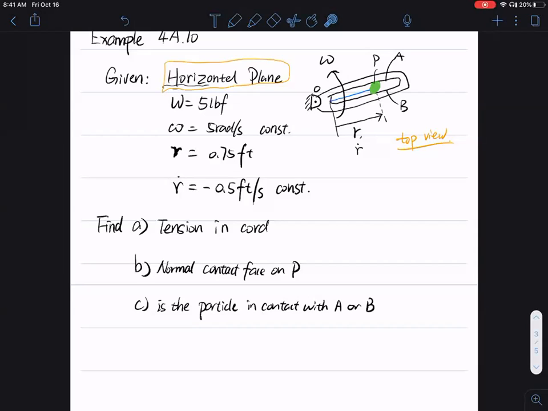Even though we have an arm OAB and the particle P, the focus of this problem is that particle P. So that means you want to draw the free body diagram and set up your coordinate system based on that particle P. Think about how you would draw the free body diagram.